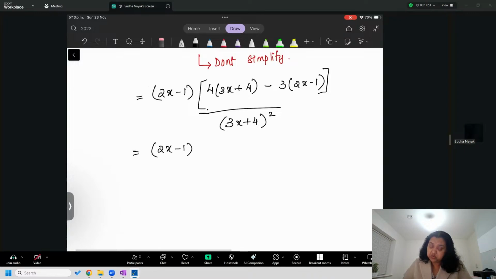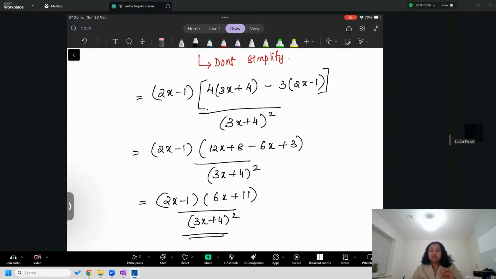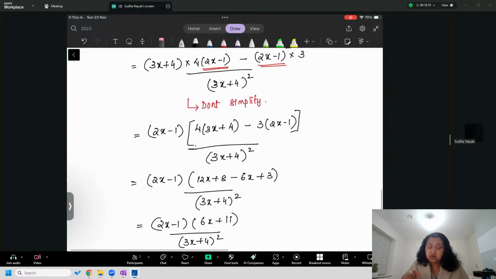So (2x minus 1) times (12x plus 8 minus 6x plus 3) divided by (3x plus 4) the whole square, that is equal to (2x minus 1)(6x plus 11) divided by (3x plus 4) the whole square. Okay, so I can simplify it much faster than multiplying all through together and then simplifying it.